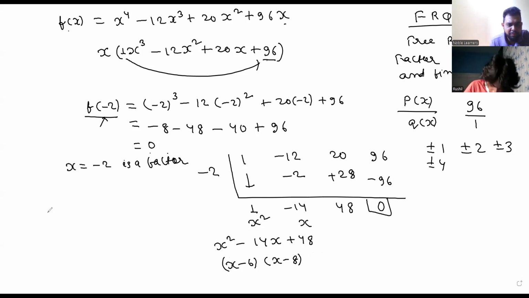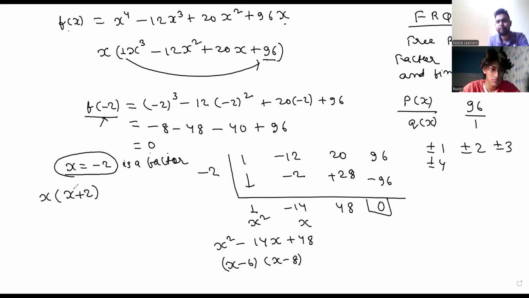Okay, so in the free response FRQ they're asking to factor and find all the roots or all the zeros. They both are the same thing. So basically you will write x and then x plus 2, because x equal to -2 was a factor, so it goes to the other side.